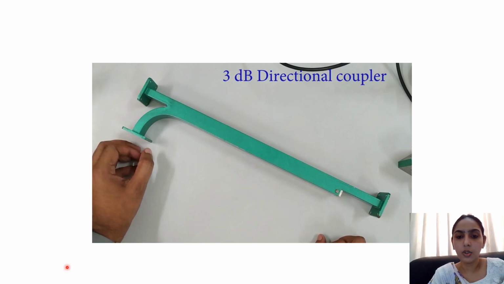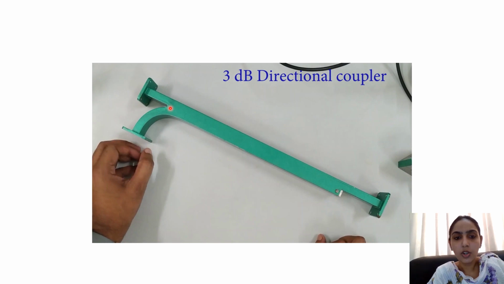Again, if we are going to place the 3 dB directional coupler in such a manner, the nomenclature is going to change. So how can we read this particular port? This is the first input port. Now our throughput becomes this particular port, and our coupled port becomes our matched section. So this becomes our coupled port, and this port is our isolated port.